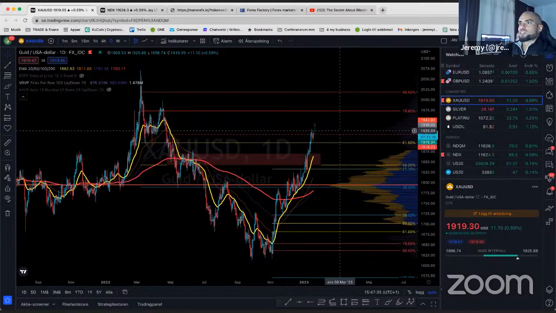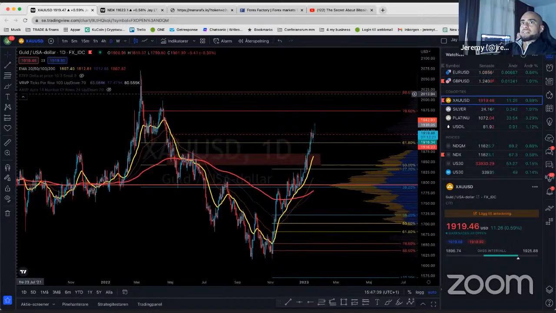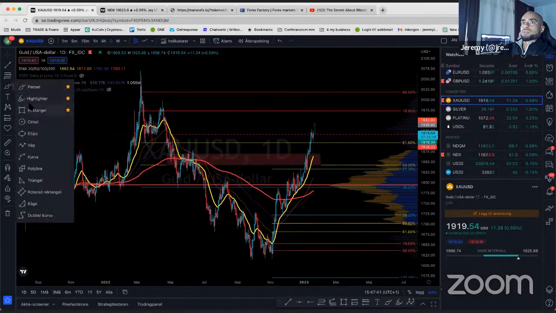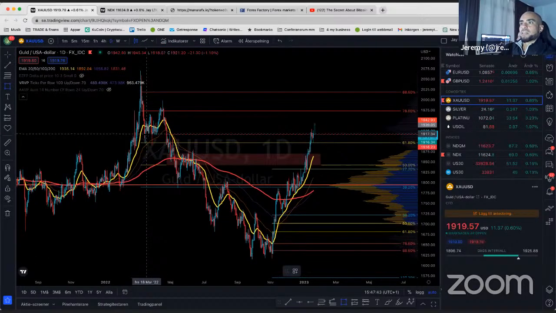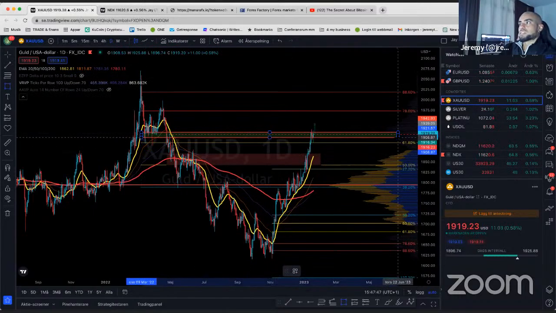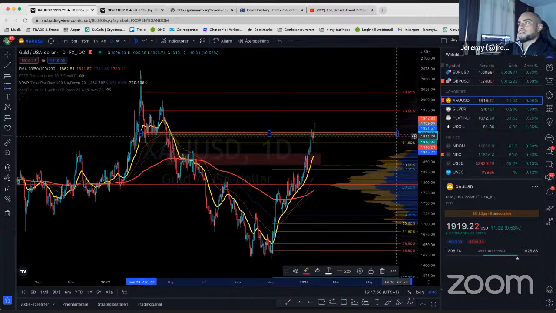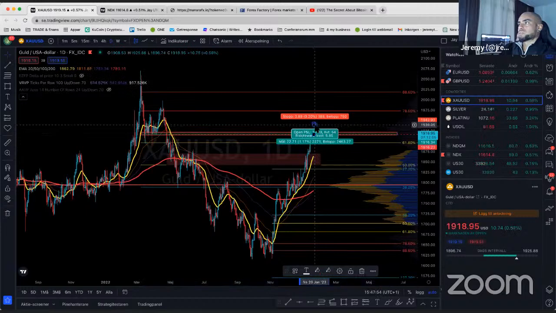All right, with that said, what we've got to understand is there is enormous resistance here for everybody that's trading support and resistance. And this is why the market is stalling here. I'm gonna remove this one.